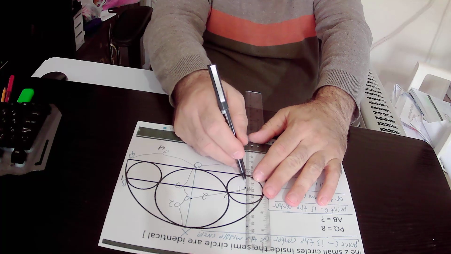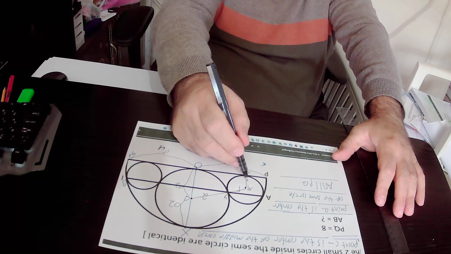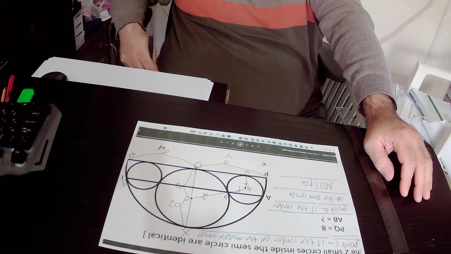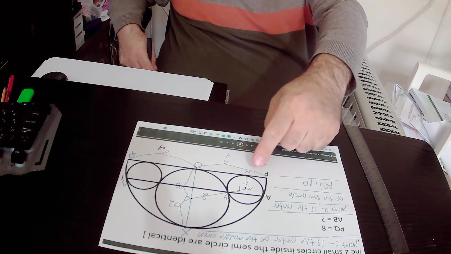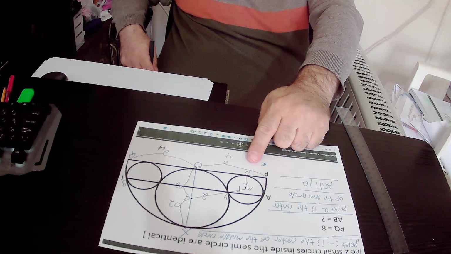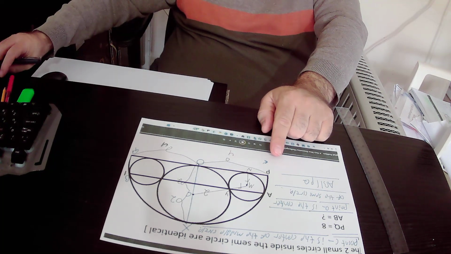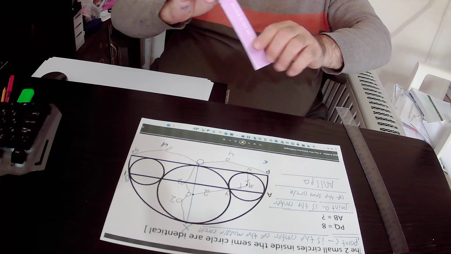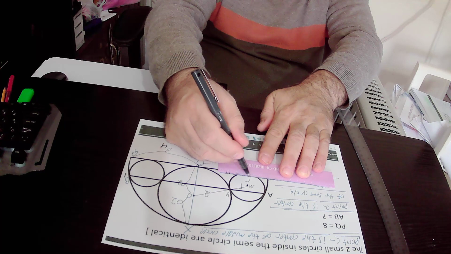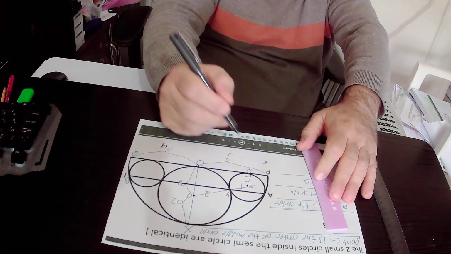MN is the radius of this small circle, that is to say, it equals R. And we have the radius MN drawn to the point of tangency N, the point of tangency of tangent PQ with this small circle. Therefore, the tangent PQ is perpendicular to this radius. That is to say, this angle equals 90 degrees, and this angle also equals 90 degrees.